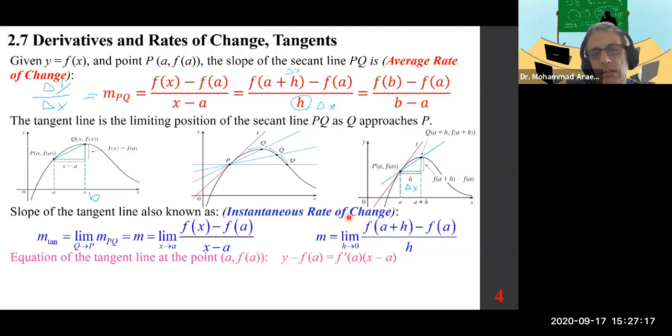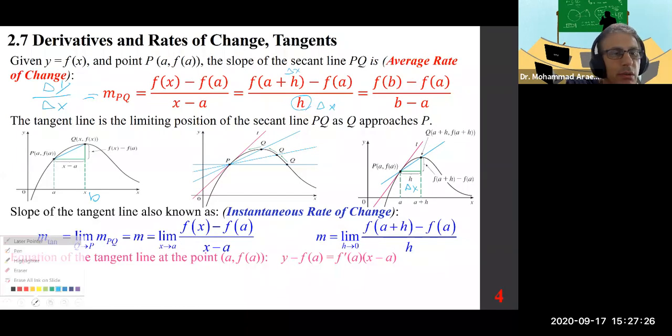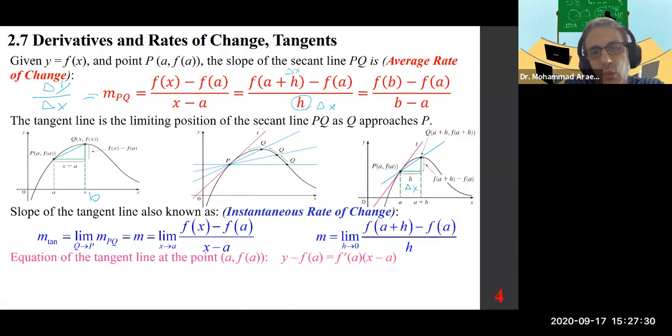This is, class, nothing more than a point slope. So let me write that for you so you don't think it's a big deal. You don't even have to memorize it. This is y minus y1 equals m times x minus x1.